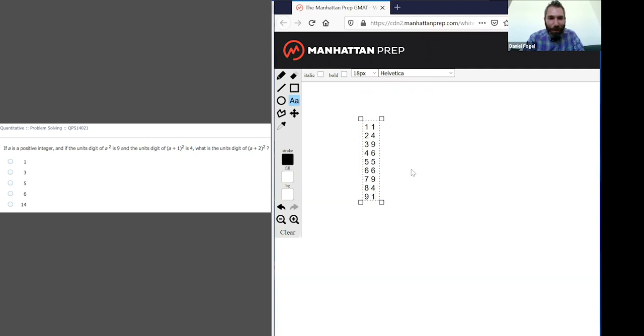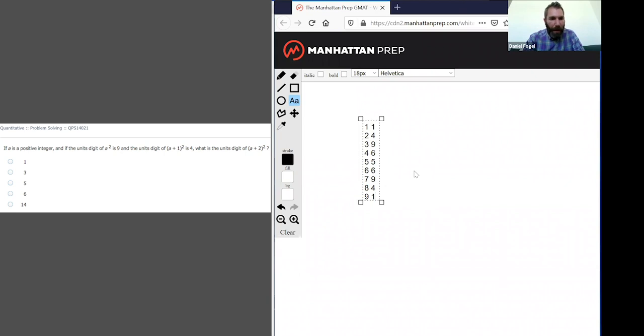Cool. All right, so as you saw for that problem, some of the basic math, like what is 8 squared, I'm just doing in my head. I'd probably do that in my head because I know those cold, whether I was using the online whiteboard tool or not. I just made sure to track the units digit patterns, write those down, and make sure I was catching them all.